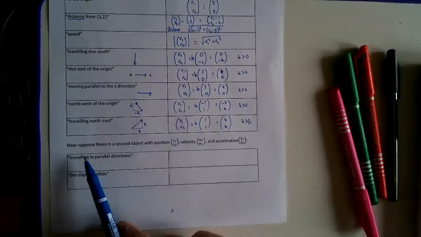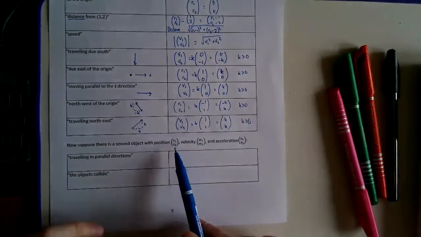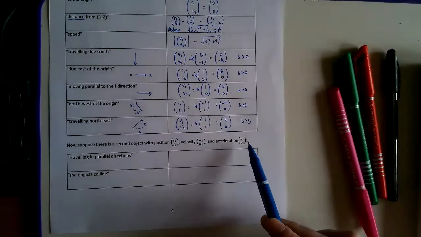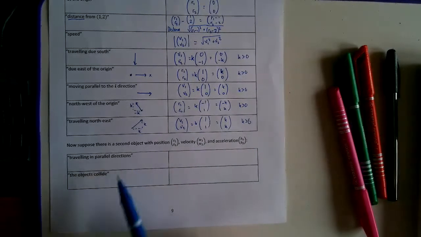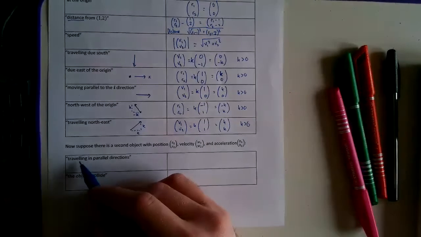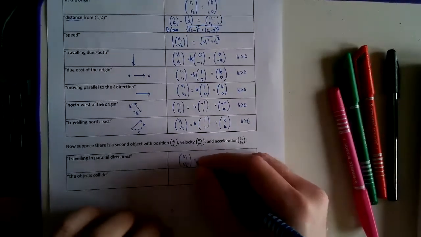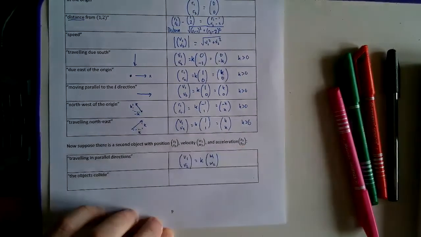And the last one, now suppose there's a second particle with position s1, s2, velocity v1, v2, and acceleration a1, a2. Traveling in parallel directions. Traveling means velocity. Parallel doesn't necessarily mean equal, but it means scalar multiples.